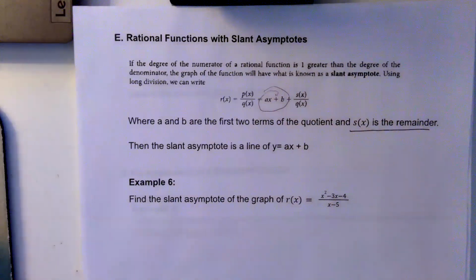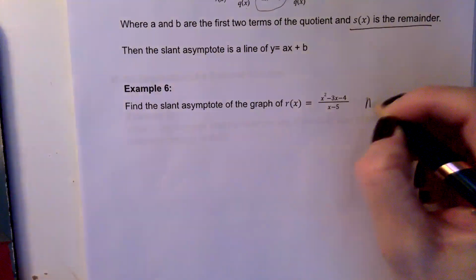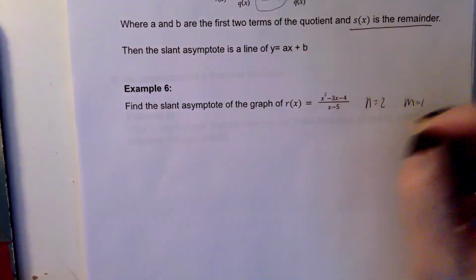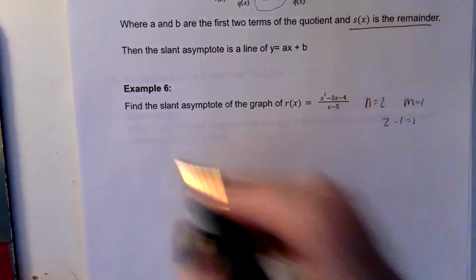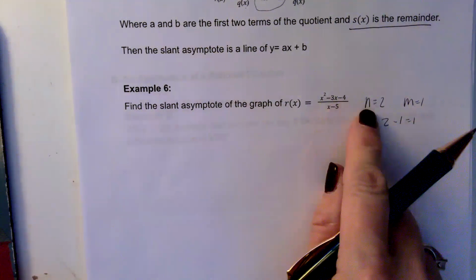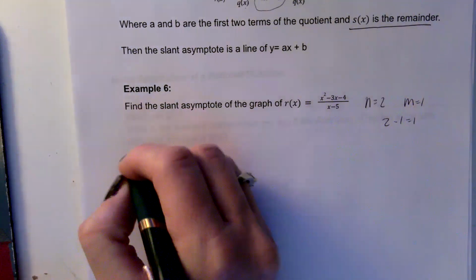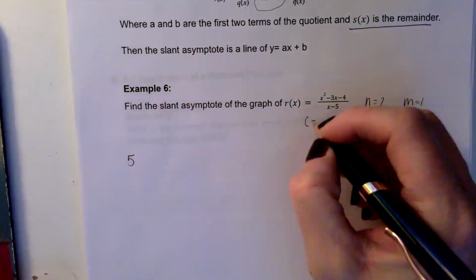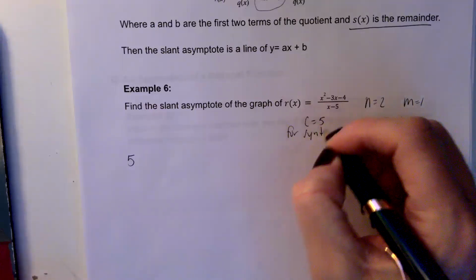Okay, so let's find the slant asymptote. We can see that n is equal to 2 and m is equal to 1, and 2 minus 1 is 1, so we know there's a slant asymptote. If x minus 5 is divided into here, I'm going to use synthetic division. So I'm putting 5 over here because c is equal to 5.